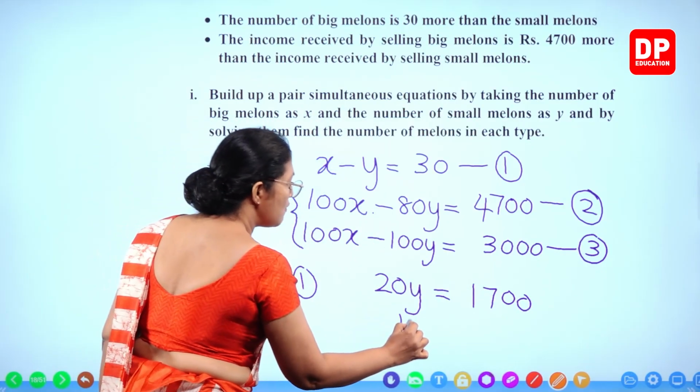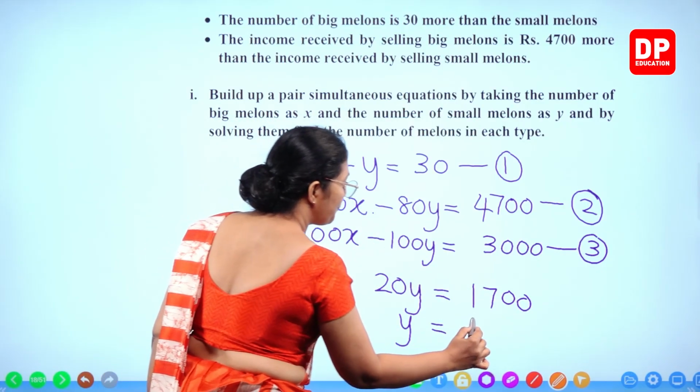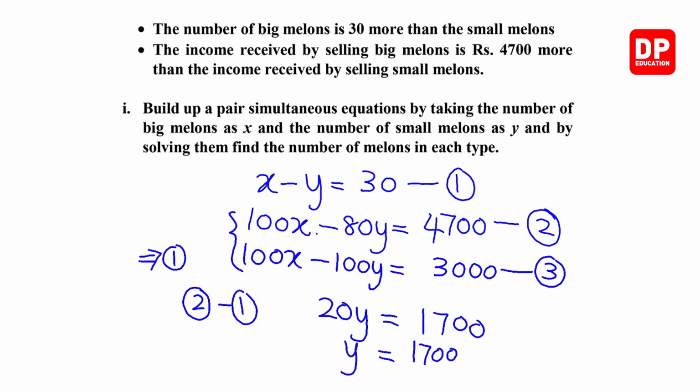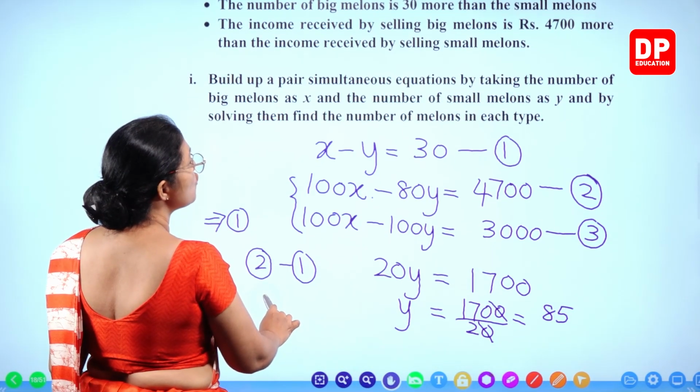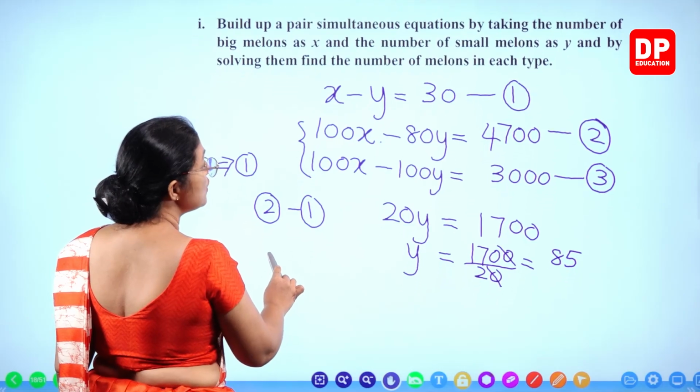So when you divide by 20, you get 2 times 8 and then 2 times 5. 85 is y. That means the number of small melons is 85.